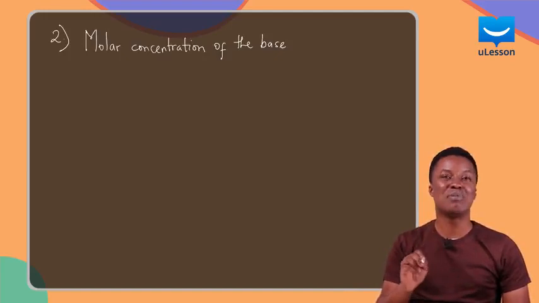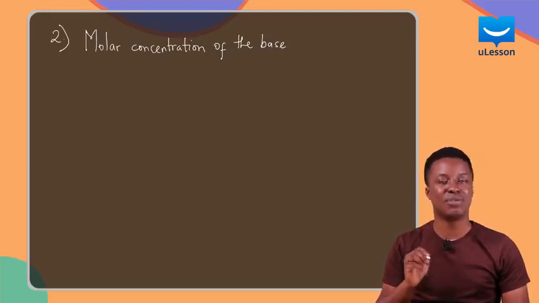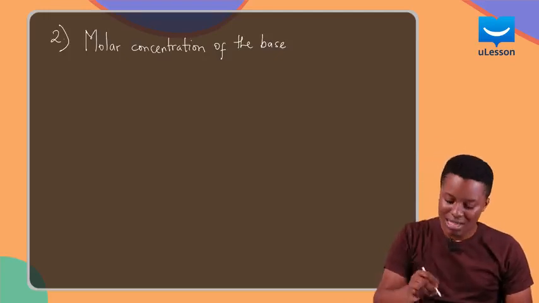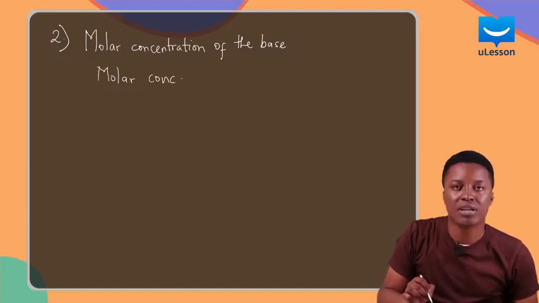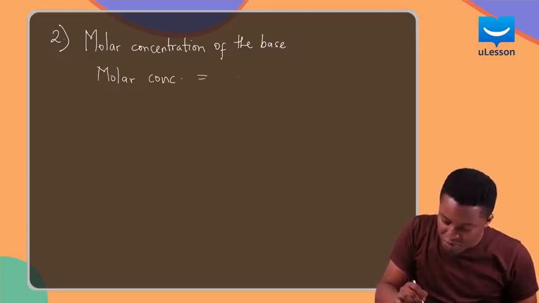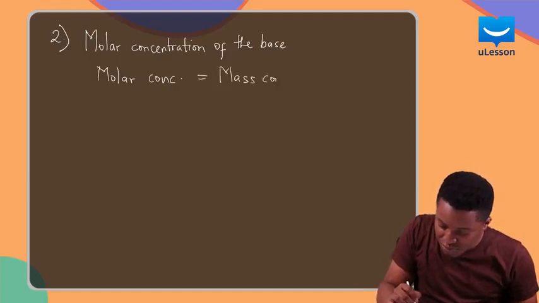To do this, we must remember a key formula given in our previous lesson. We said that the molar concentration, we can use molar conc, is equal to mass concentration over molar mass.